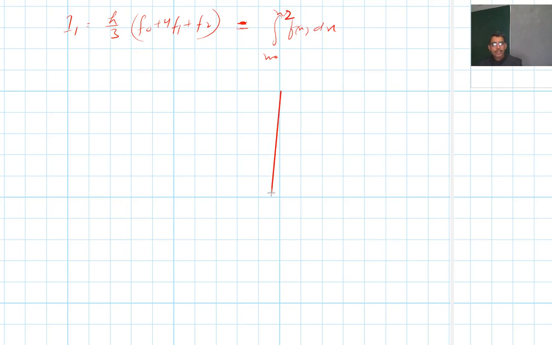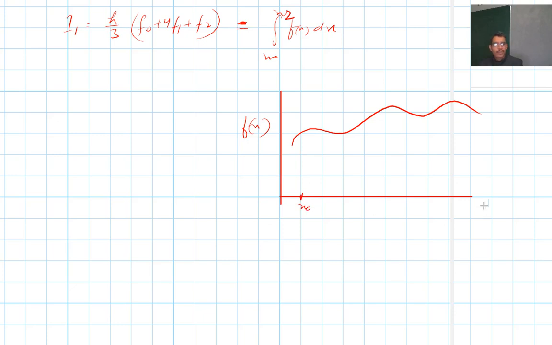So let us draw a diagram so that things will be more clear to us now. So this is the curve of f of x, and we are interested to find out the integral from x naught to xn.